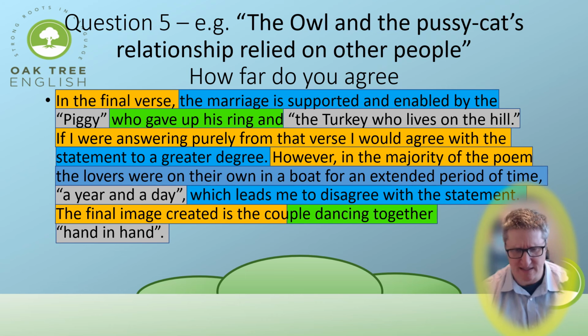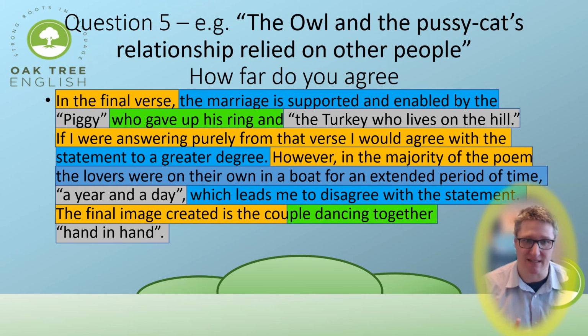First I put it out as insight, and then another thing came over it of being pinpointing in the text. But actually, that was a happy accident. I didn't intend that, but that's right. Of course, the final image, that's pinpointing in the text. The couple dancing together, that's insight. And hand in hand is, of course, a short quote. Notice again, we've got about 4 short quotes in there.